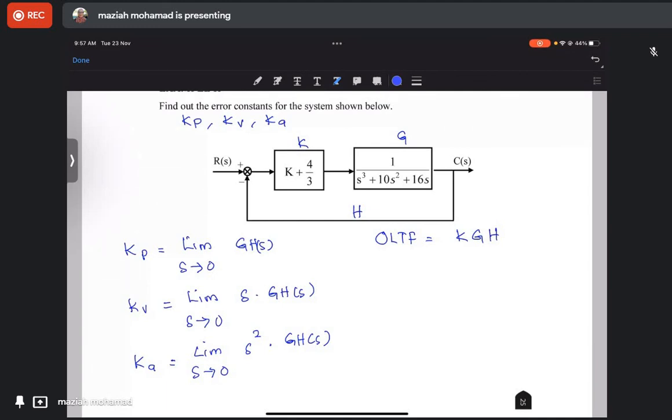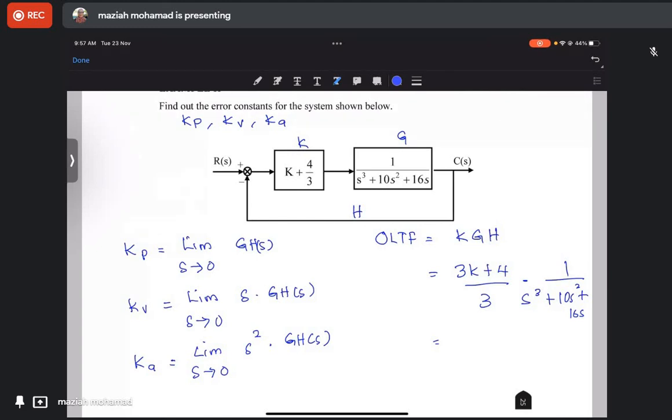Okay, so the open loop transfer function is equal to 3K plus 4 over 3 multiplied with 1 over s cubed, and the 10s squared plus 16s. You can solve this. So you get the transfer function.